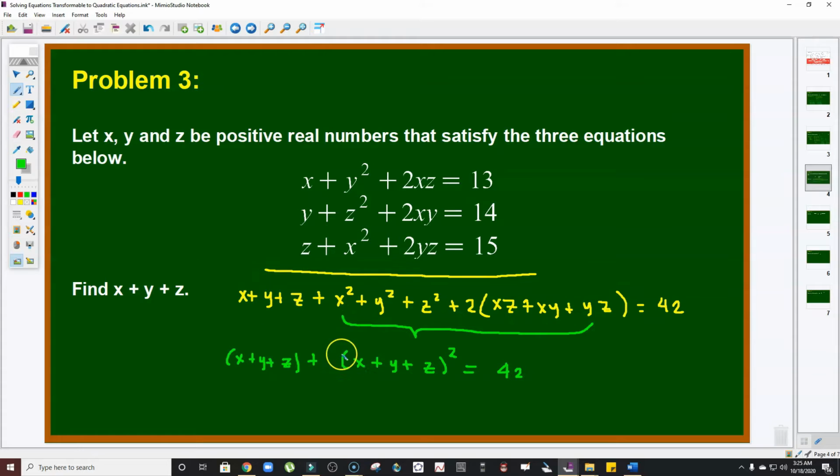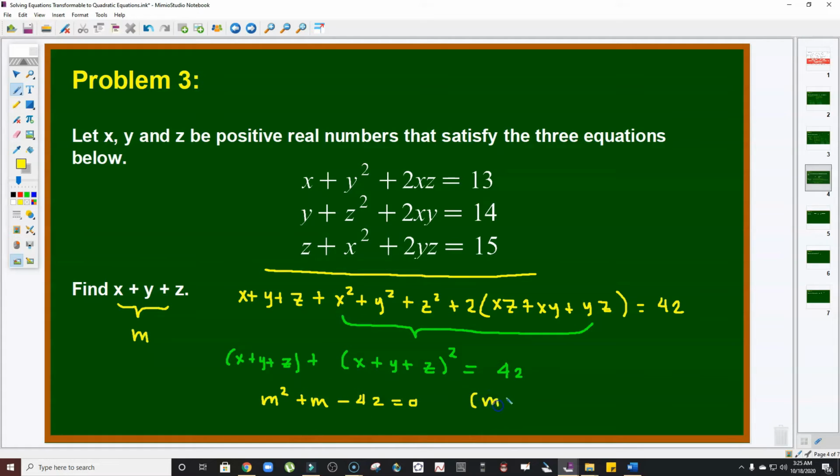So, tanong ang hinahanap, x plus y plus z. So therefore, we can actually factor this. If you can't visualize it yet, sige, gawin natin. I'm going to let this equal a variable, let's say m. So I'm going to have m squared plus m minus 42 equals 0. Factorable yan.